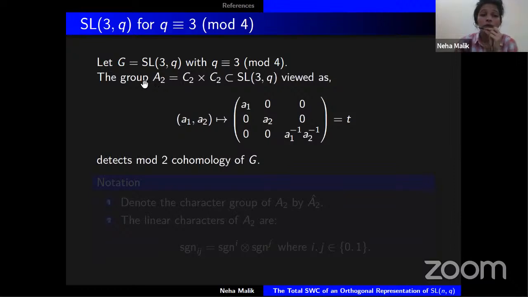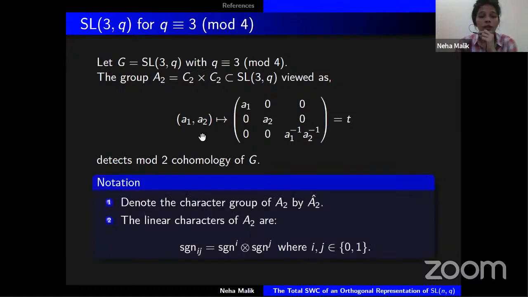Here the group A_2, which is the Klein 4 group C_2 × C_2, sits inside SL_3(Q) like this, as diagonal matrices. And due to our detection lemma, we know that this subgroup A_2 detects the mod 2 cohomology of SL_3(Q). Now let's set up some notations.